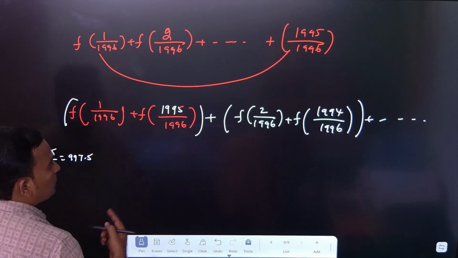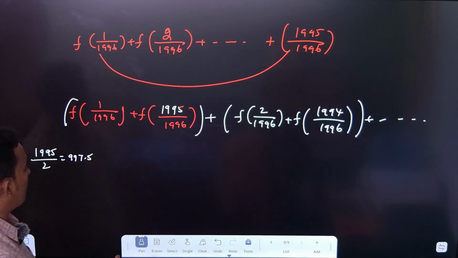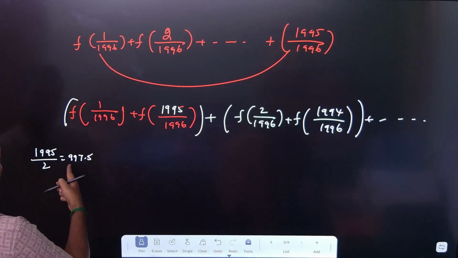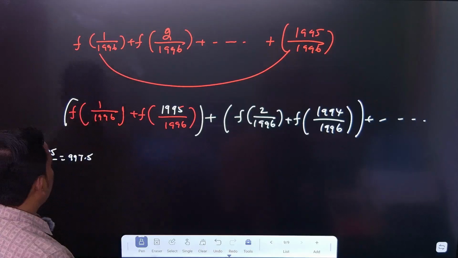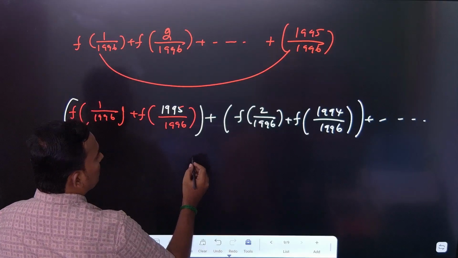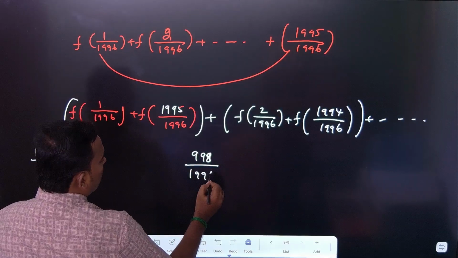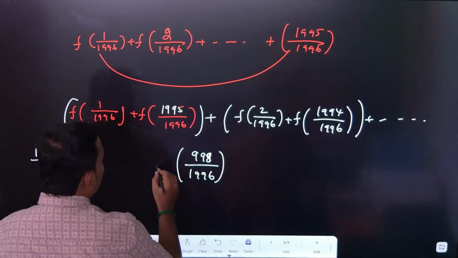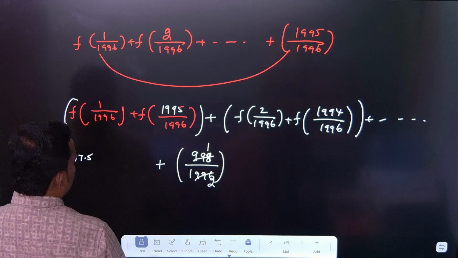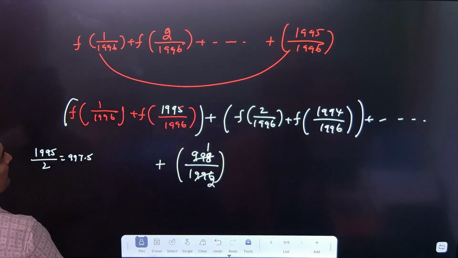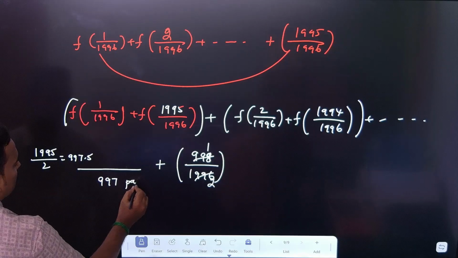So we can see which one is that. 1995 divided by 2 means 997.5. So there is no pair. How to find out? The next term, 998 divided by 1996, does not have a pair. Okay, so if you divide it, how many times here? 2 times. So up to this, 997 pairs are possible.